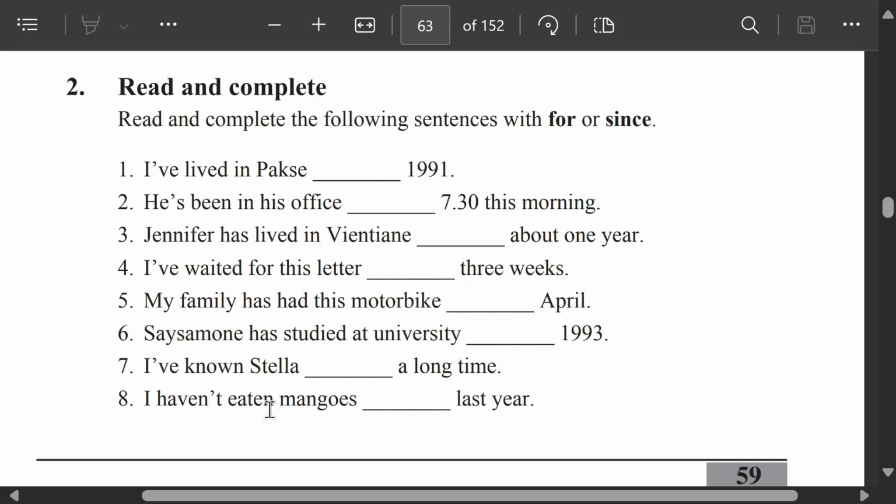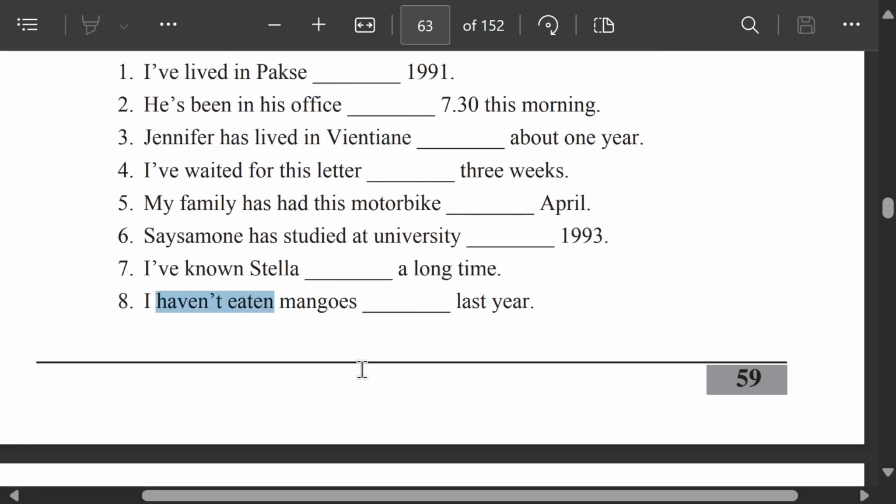I haven't eaten. What is this? Negative. Present perfect in the negative sense, right? This verb we have just seen is eat, ate, eaten. Be careful with these two.